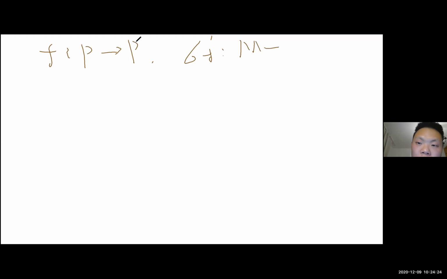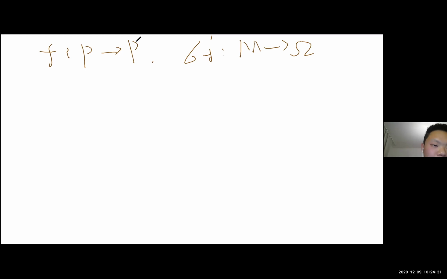So F is a map from P to P, yes. So the corresponding bisection sigma F is a map from M to omega. Okay. So how do we define sigma F?